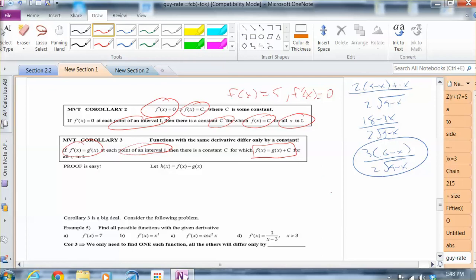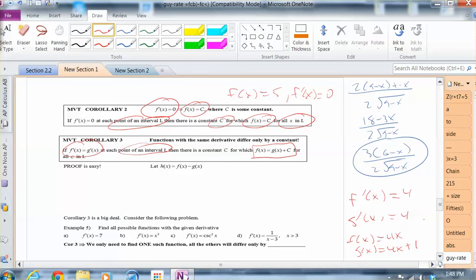Let me give you a good example first, off to the side. Let's say f prime x equals 4, and g prime x also equals 4. F of x could be 4x. G of x could be 4x plus a number.